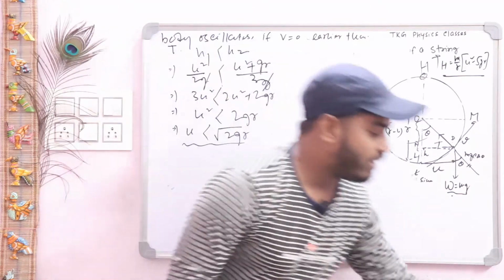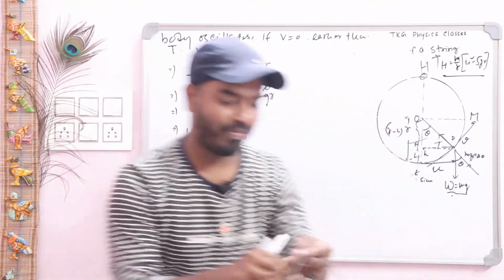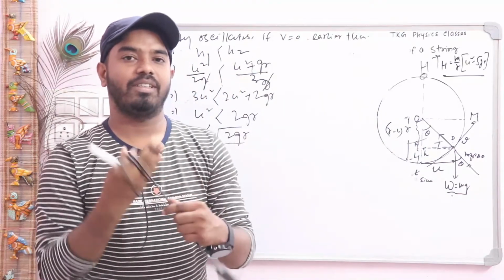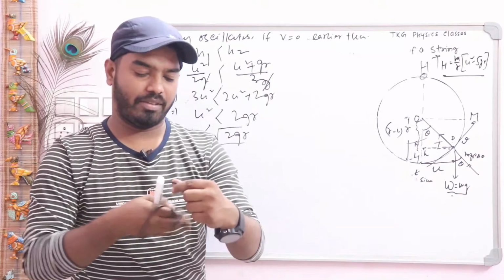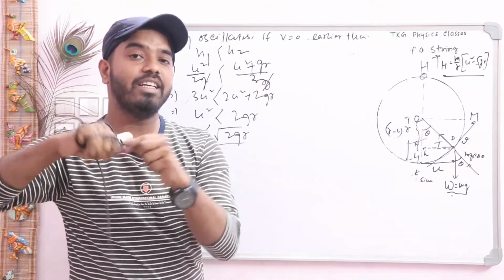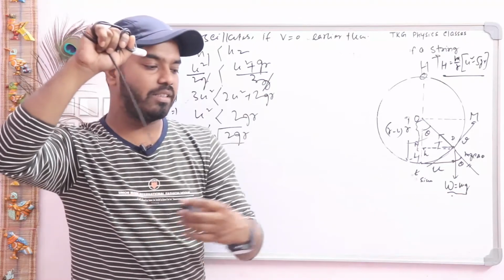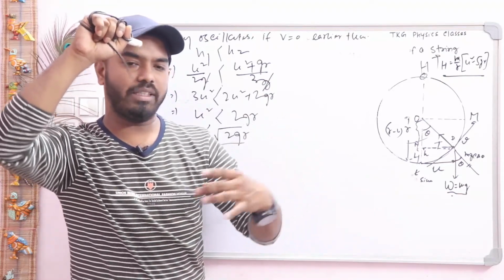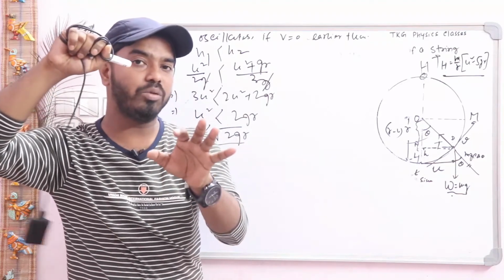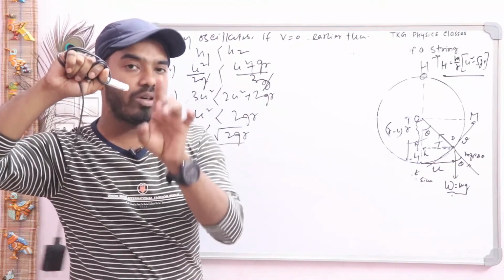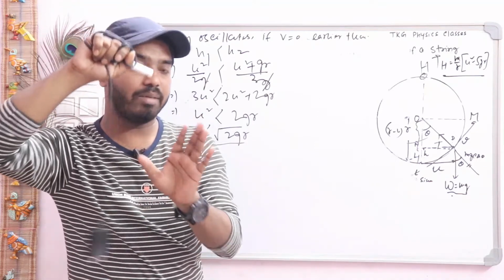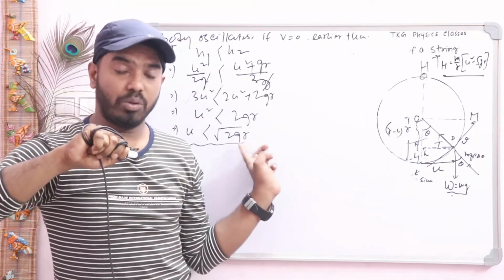Okay, you see again, when initial velocity is less than root under 2gr, the body oscillates like this way up to this point, then returns back. But when initial velocity is equal to root under 2gr, the body oscillates and completes the semicircle. That means maximum u is equal to root under 2gr.